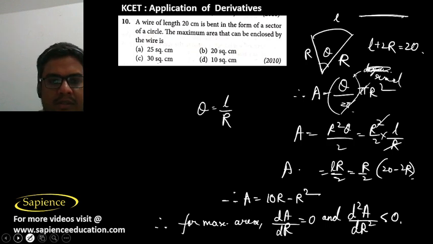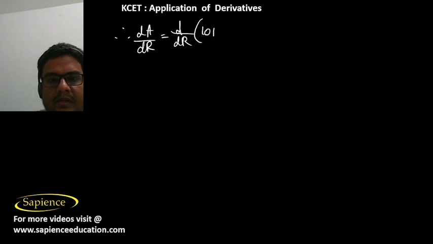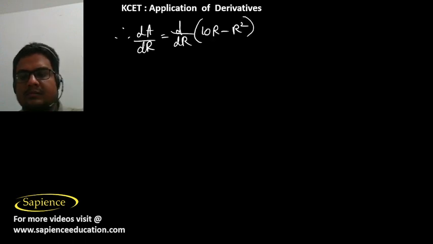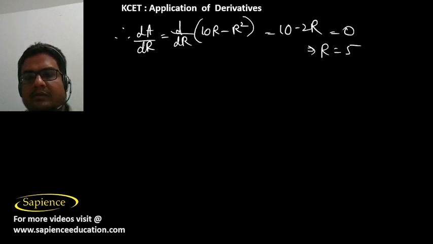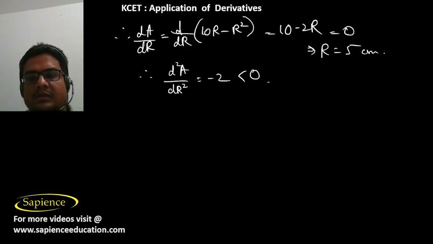dA by dr is 10 minus 2r, which should be zero, so r is 5. d square A by dr square is less than 0.